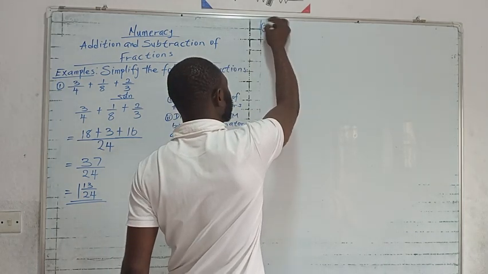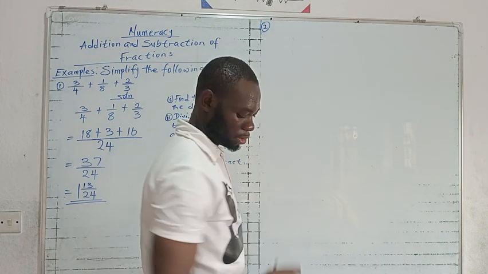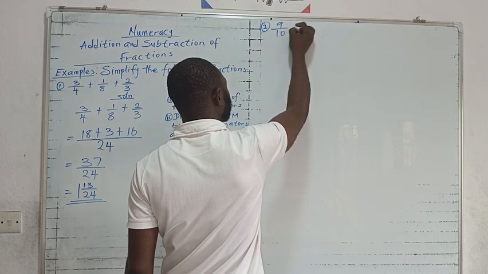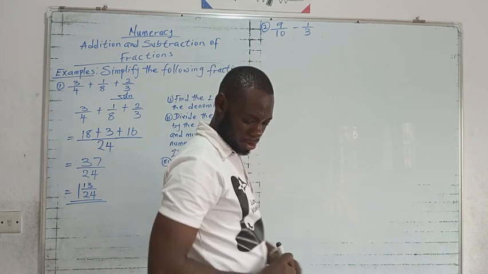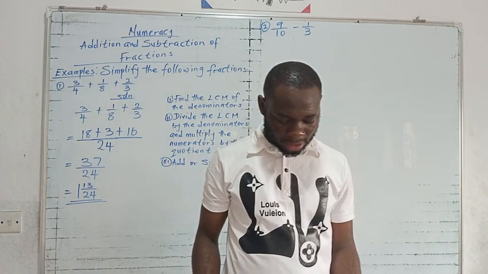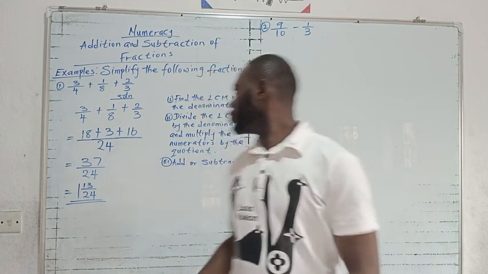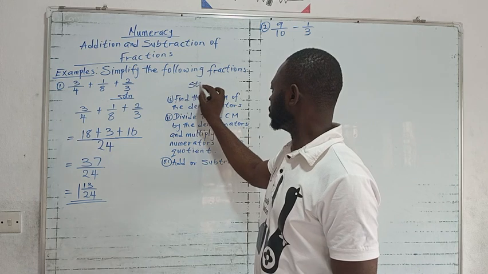Now let's say here we have a fraction that is 9 over 10 minus 1 over 3. The fraction says 9 over 10 minus 1 over 3. So we will follow these same steps. Let me title this.